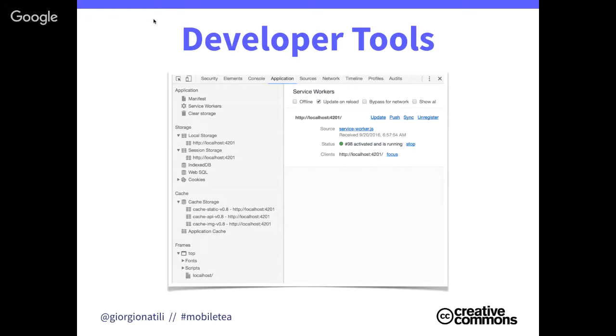It was out with the official Chrome in May. And you can click on the service worker file and use all the standard tools. You can have breakpoints, you can inspect variables, you can understand what's going on, you can access the caches, and so on. Here, all the caches are named cache static v0.8, and that's v0.9, because I solved the bug and I changed the cache version.